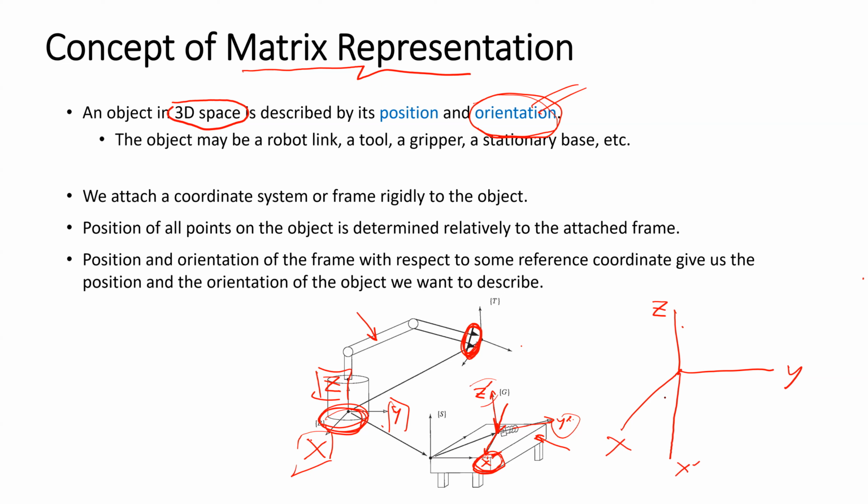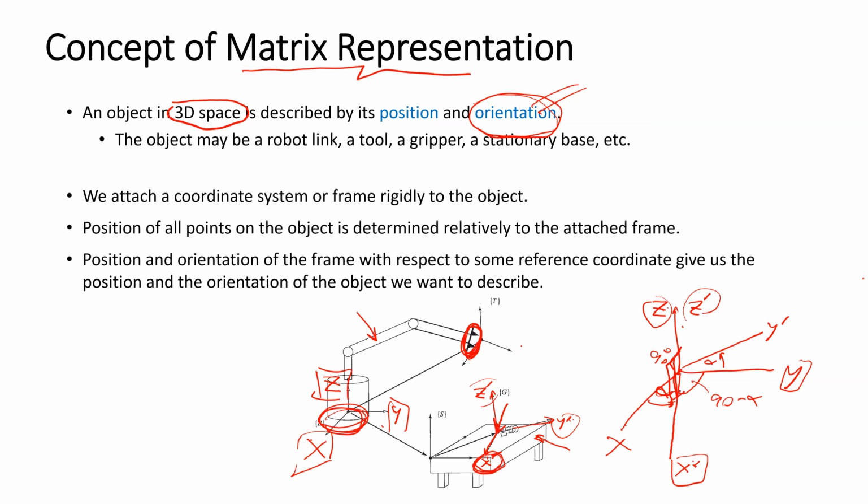If we have the X prime with the angle of alpha from X, and Y prime also makes the angle alpha from Y, but the Z prime is still in the same direction as Z. In this case, you can give the information that the X prime makes the angle alpha with the X axis, and X prime makes the angle with the global Y of 90 minus alpha, and X prime makes the angle with the global Z axis of 90 degrees.